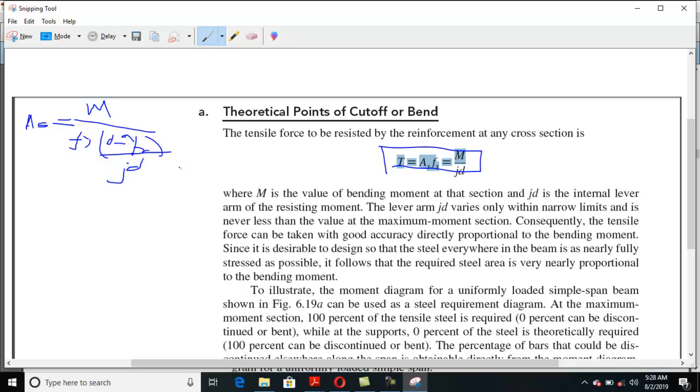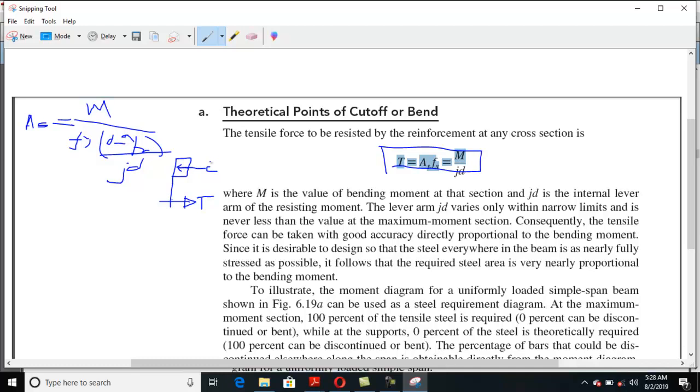We all know the stress distribution in a rectangular beam: at the lower portion there is tension force in the steel, and in the upper portion there is compression in concrete.